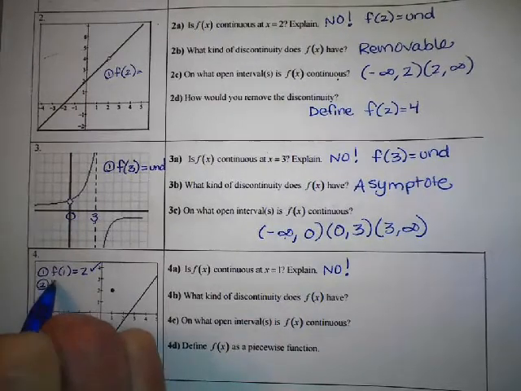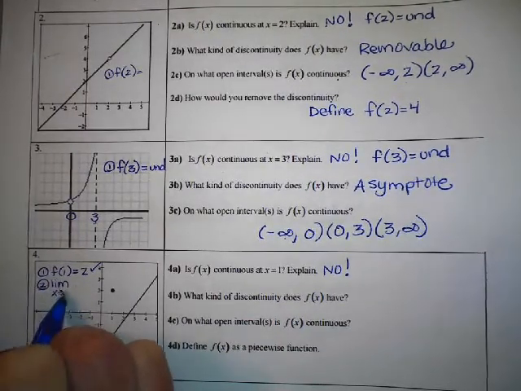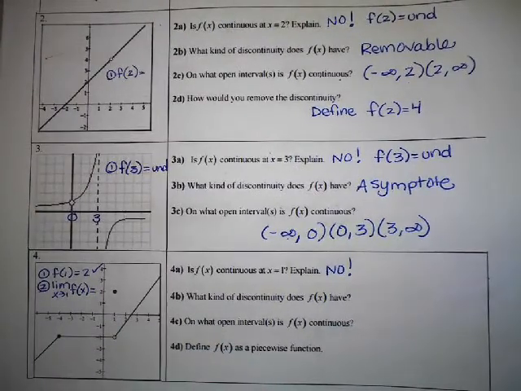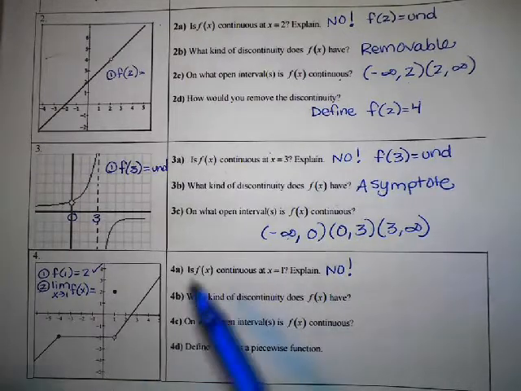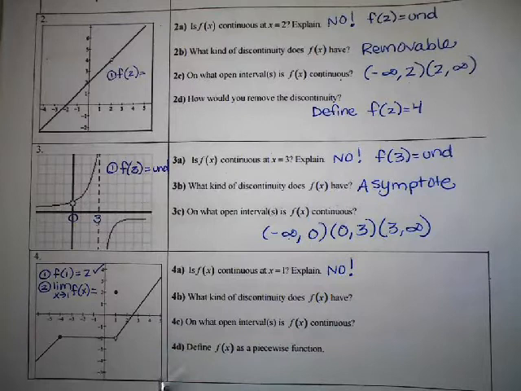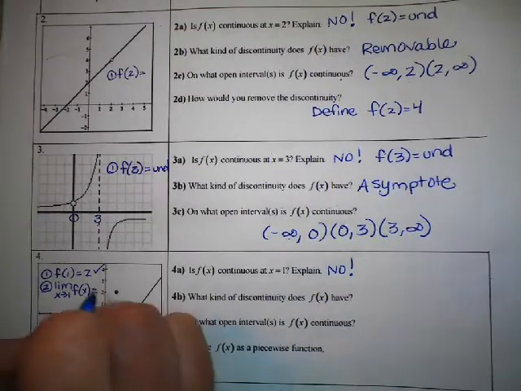Step 2 was the limit as x approaches 1 of f of x. If I gave you this graph and said, what is the limit as x approaches 1? Hopefully you would answer negative 2, because for a limit to exist, it just has to come from the left and come from the right to a spot. And the y value it comes to is negative 2.